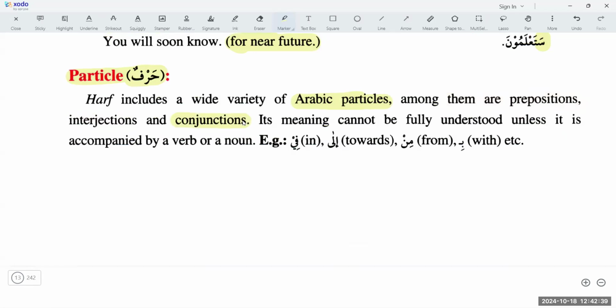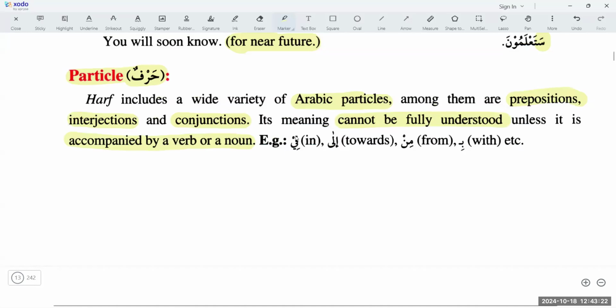Conjunctions also fall in the category of the harf. So prepositions, interjections and conjunctions, we call them all harf, particle. Its meaning we cannot fully understand unless it is accompanied by a verb or a noun.